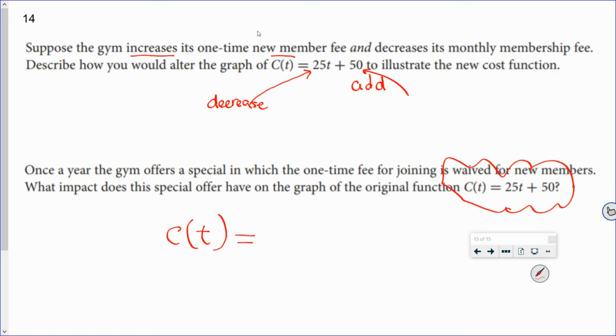I believe you can get this answer. What's the new function going to look like? I waive the fee, which means I don't charge it. It means it's 0. What does the new function look like? Dare you to answer. What do you think?